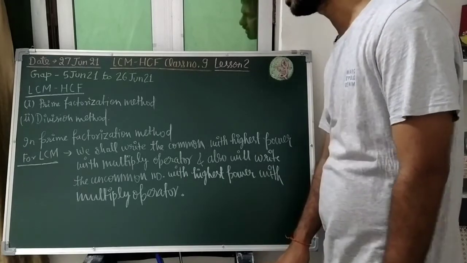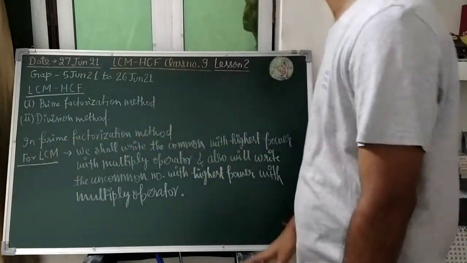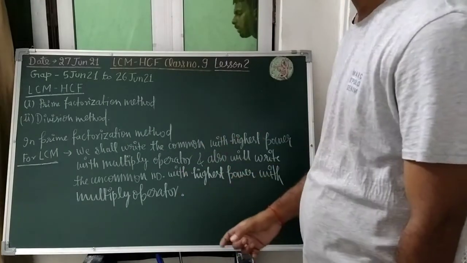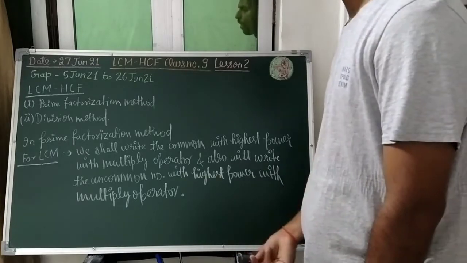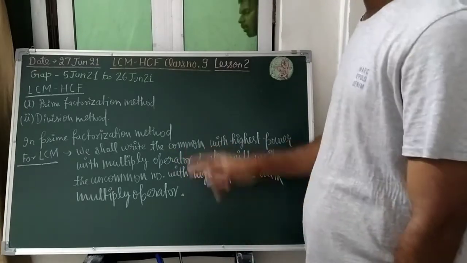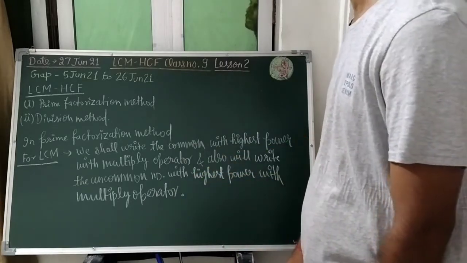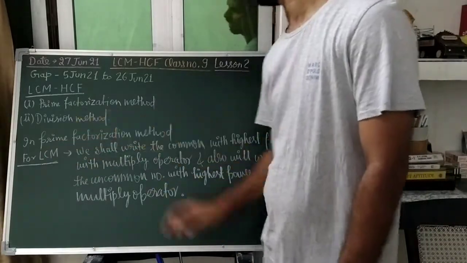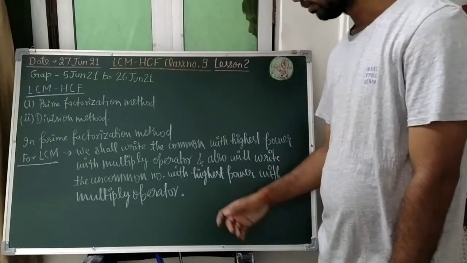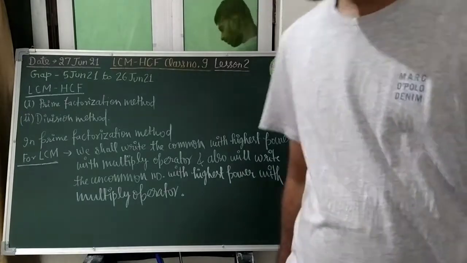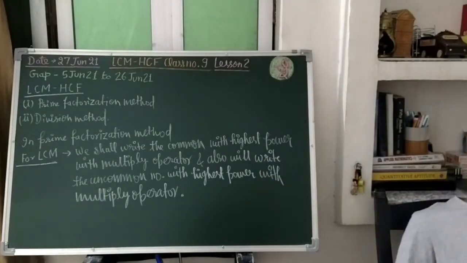We have seen that for the LCM we apply the rule that we write the common number with highest power with multiply operator, and for uncommon numbers with highest power also with multiply operator. So right up to here, students. Then after that we shall talk about the HCF by prime factorization.